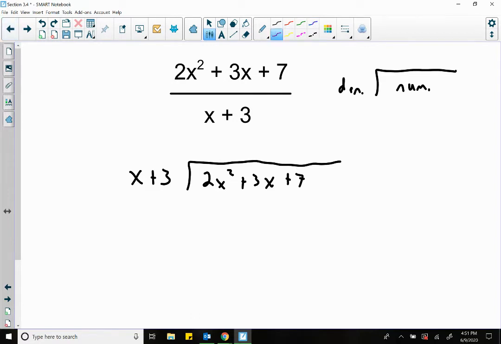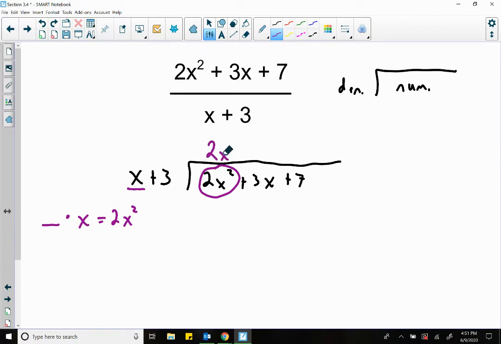Okay. So when you're going through this, here's the guy we care about. Here's the first piece we want to get rid of. So we're going to say what times x equals 2x squared. Well, hopefully you said 2x.